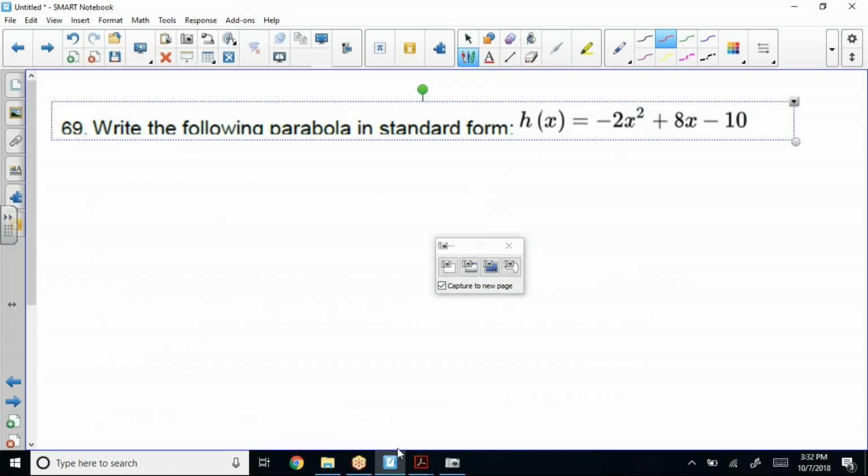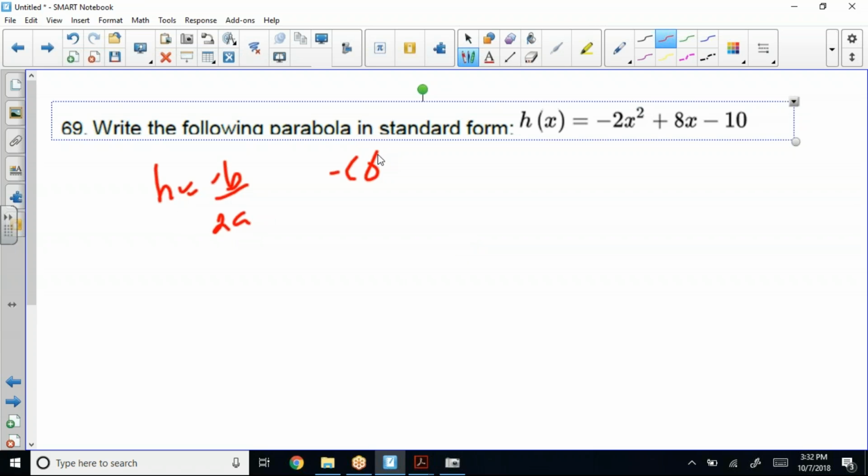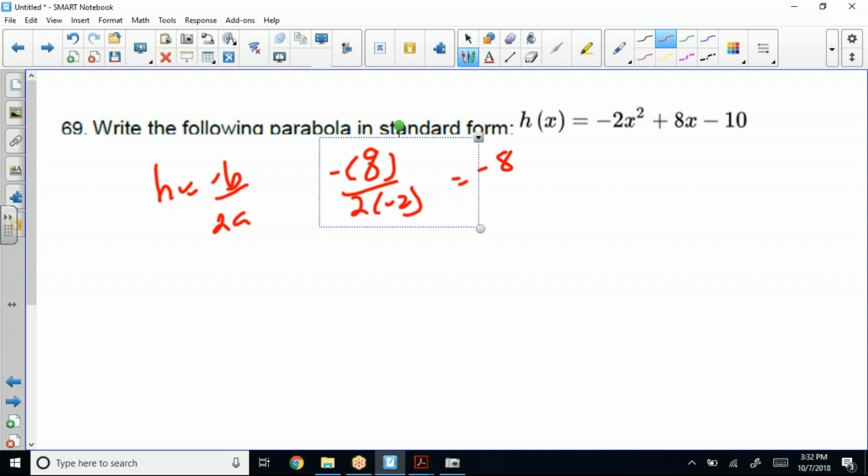All right. So, write a parabola: y equals negative 2x squared plus 8x minus 10. Let's go h equals negative b over 2a. That's negative 8 over 2 times negative 2, which is negative 8 over negative 4, which is 2. So I got the h value to be 2.